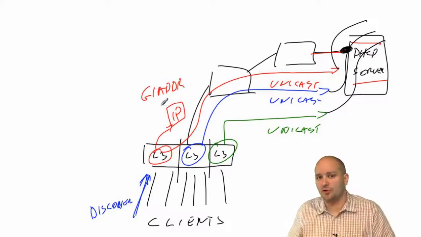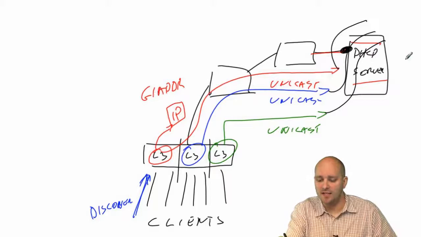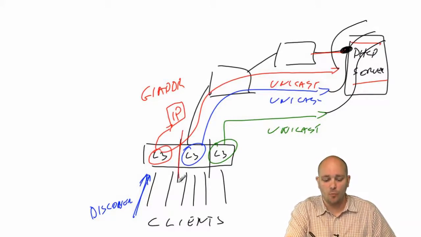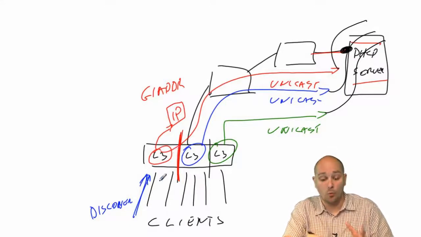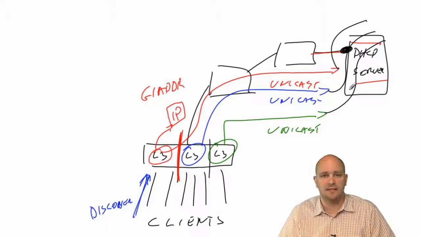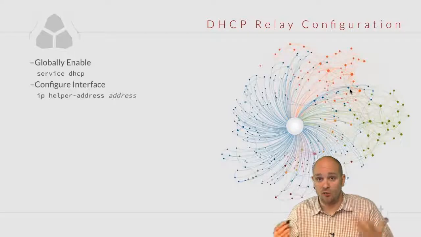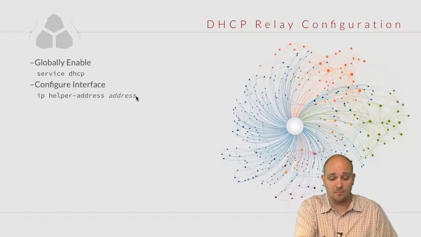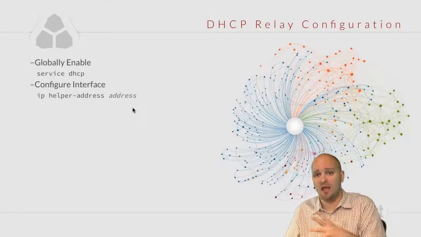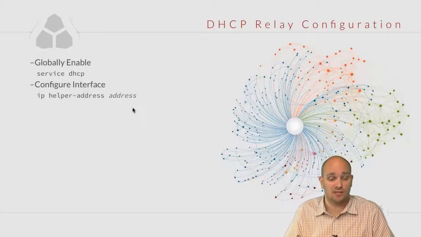This address simply tells our centralized DHCP server from which subnet or from which pool it should assign the IP address to the client. But as I said, the configuration of the actual relay is relatively simple. It's simply IP helper address and the IP address that we need to send our traffic to.